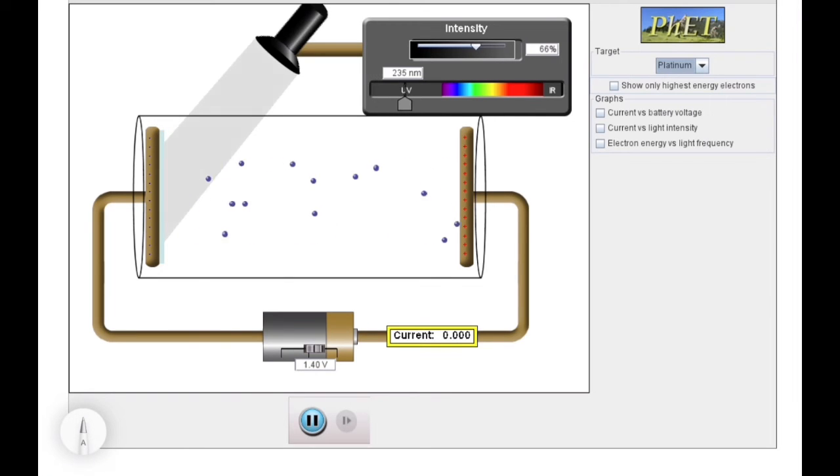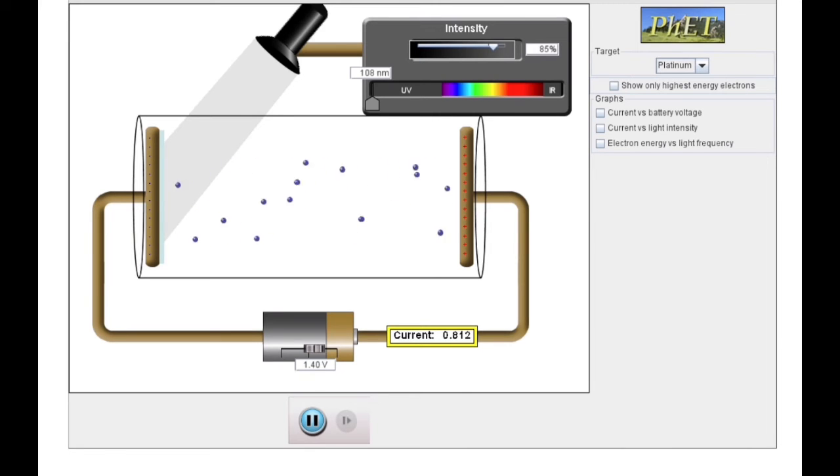If platinum, if we decrease the frequency, the intensity will increase also. So it really needs a very high frequency so that the electron will be ejected.